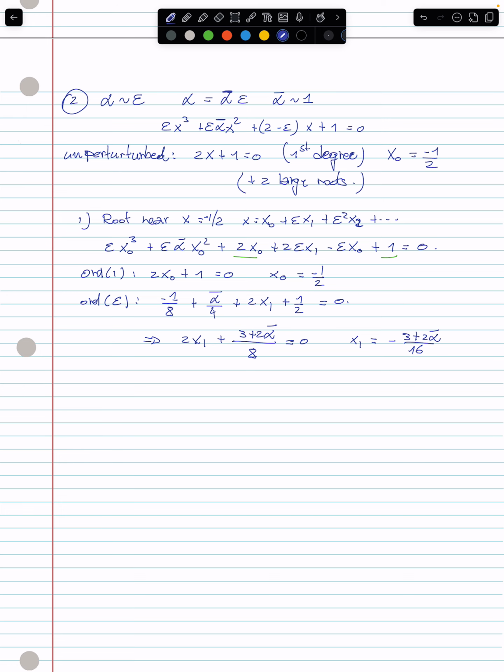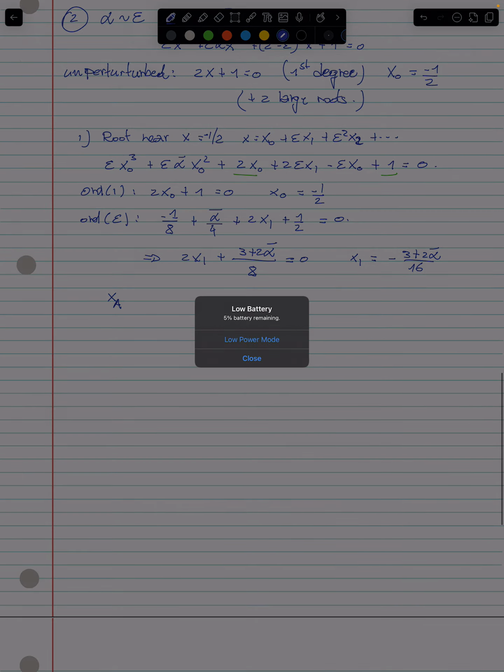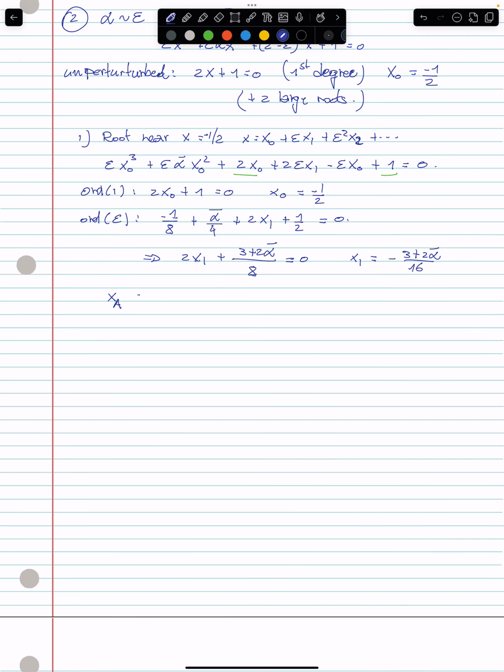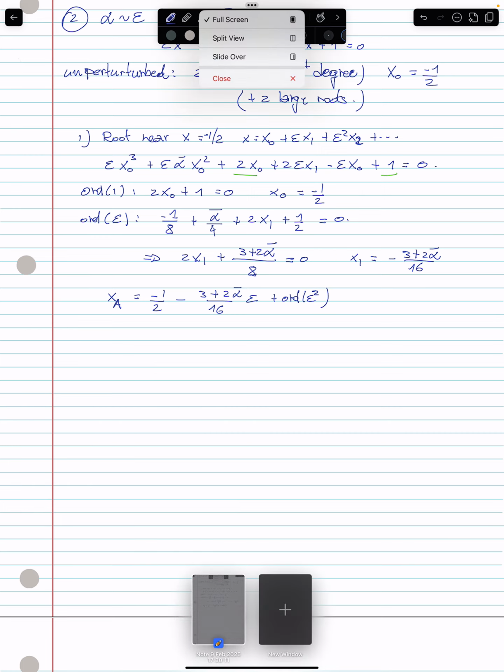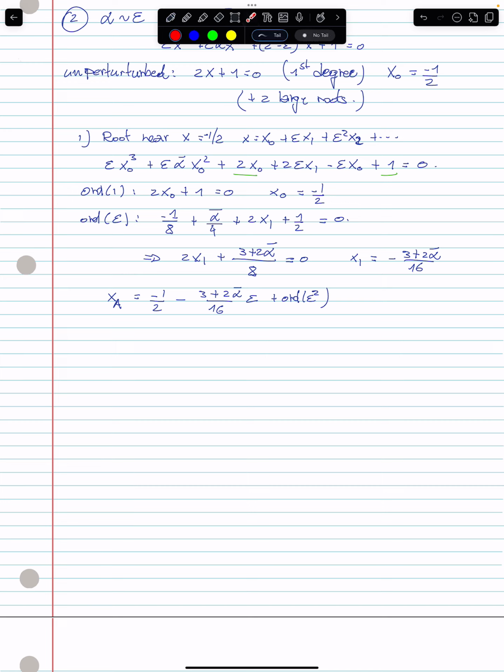Let me use ABC to indicate we have 3 roots. The root is x equal to -1/2 minus (3 plus 2 alpha bar) over 16 times epsilon, plus terms of order epsilon squared. Now it is important to notice that we have chosen to use an intermediate parameter, alpha bar, which was not in the original problem, so it's important to replace it by its original value.